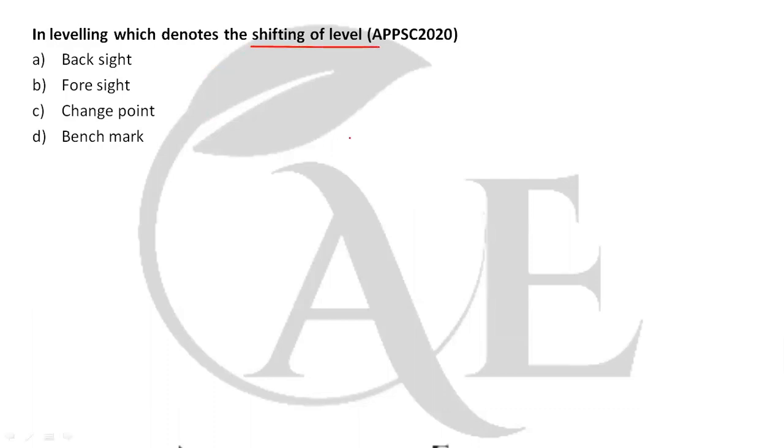Here it represents the benchmark. There are different types of benchmark: temporary, permanent, arbitrary, and GTS benchmark. So this denotes the shifting of leveling benchmarks.